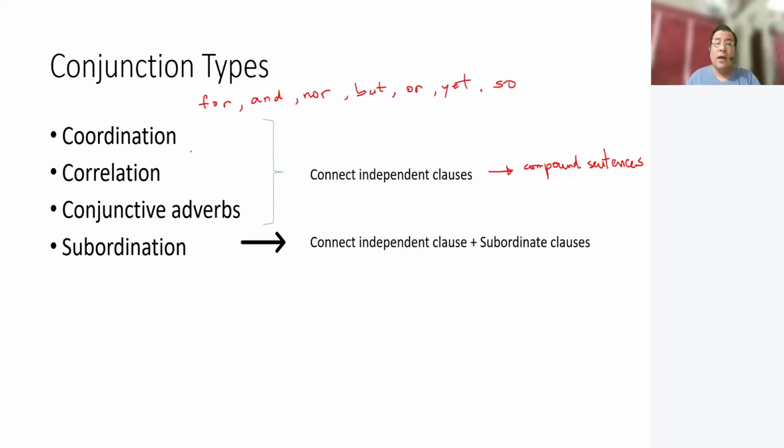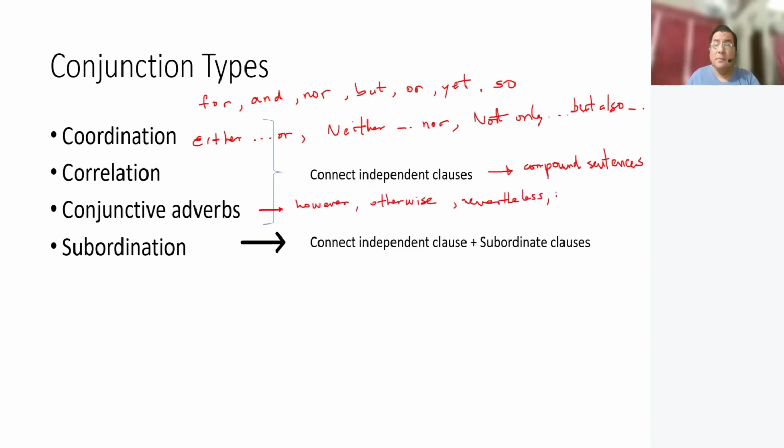Correlation conjunctions are paired expressions such as either, or, neither, nor, not only, but also, etc. And conjunctive adverbs are special words and expressions that we can use to connect independent clauses by means of placing a semicolon and a comma on both sides of these expressions. So we have, for example, however, otherwise, nevertheless, in contrast, etc.